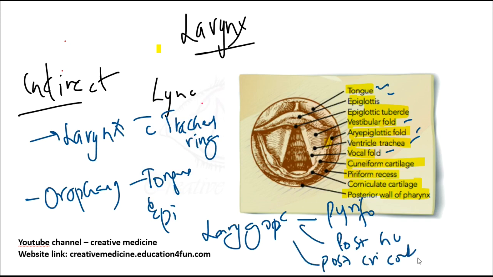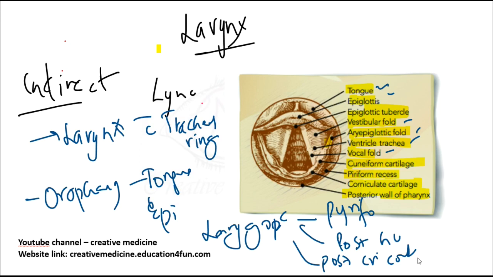So what are the things which are visualized from indirect laryngoscopy? The larynx with tracheal rings, which include, in the larynx, the aryepiglottic fold, the vestibular fold, the vocal fold, the ventricle of the larynx, and then the tracheal rings.